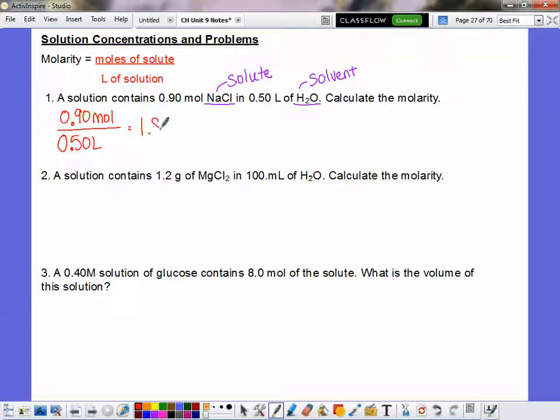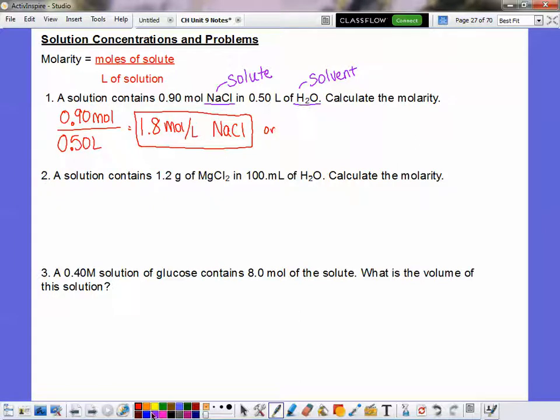Now let's talk about units. You can write the units as moles per liter, because we did moles divided by liters. The label is always whatever the solute is. Okay, so our label here would be NaCl. Now there's another way to write that unit.